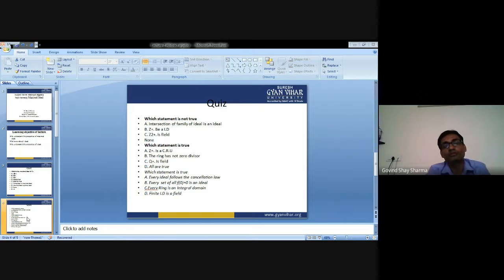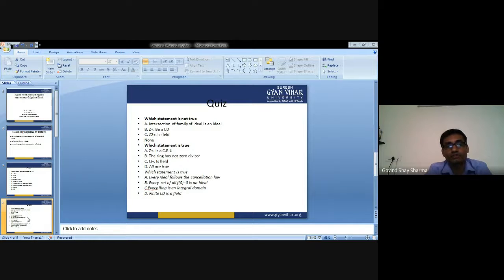If it were given 2Z, 3Z, 4Z, then we could say this is wrong. For Zp, if p is prime, then it is a field because it has no ideal other than itself and zero. So three options are right. So the fourth option, none, is not true.